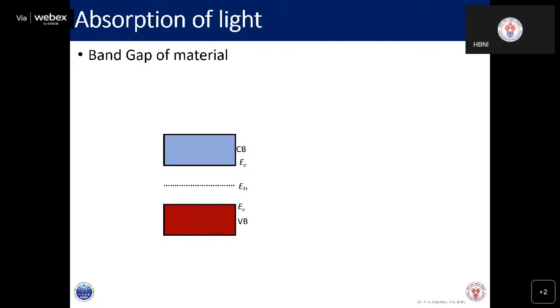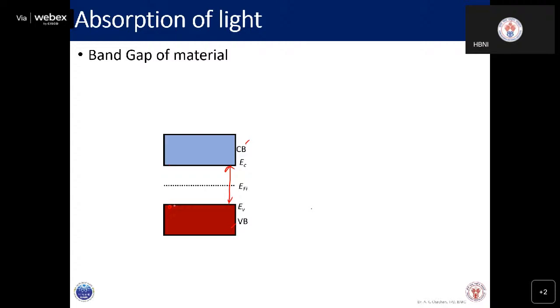Suppose you have a material which has this structure: a valence band, a conduction band, then the Fermi level, and this much band gap. If radiation is falling on this material and the energy of the radiation is less than this energy, what will happen? This radiation will not be absorbed.